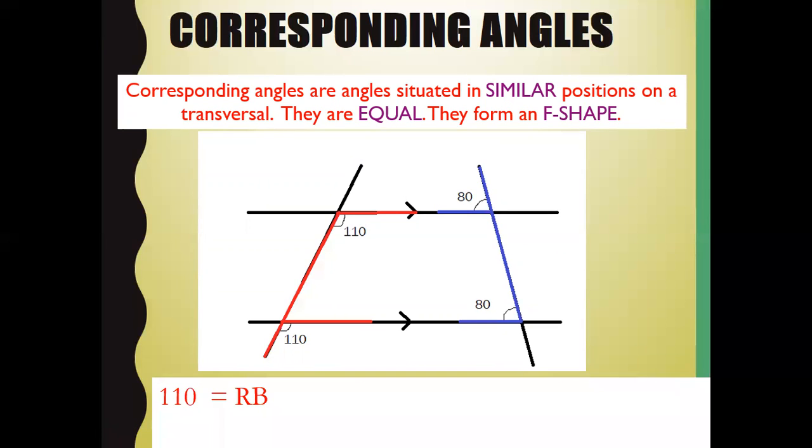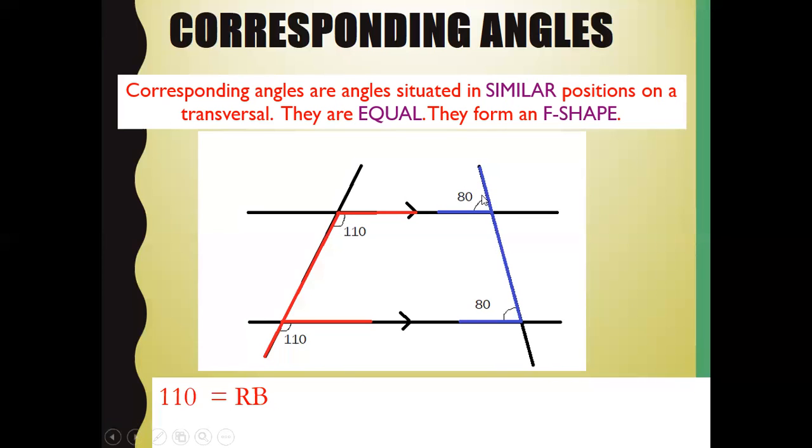Now let's look at the second side. You can see this part of the transversal. You can see 80 degrees here. If I want to describe 80 degrees with that same method, I would say that it's on top of this parallel line, and it's on the left of this transversal. So if I want to look for the angle that corresponds to this angle, I would be looking for left above.